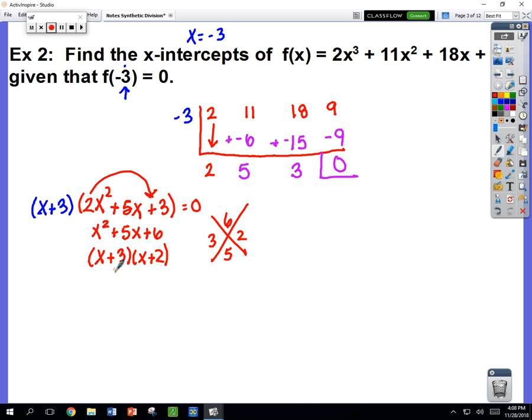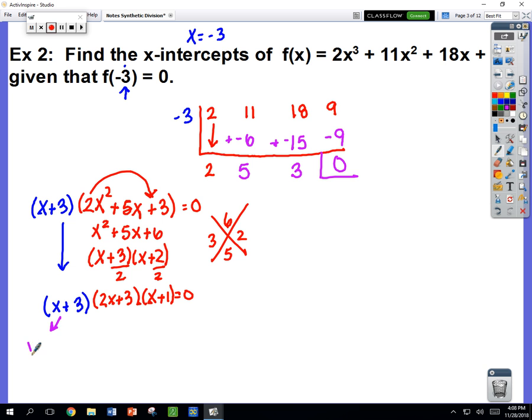And then I need to divide, so don't forget the divide part. So these are all my factors. This is the whole thing broken down completely. So now I need to set each of them equal to 0.